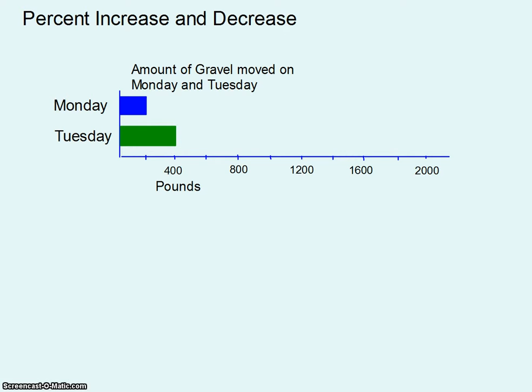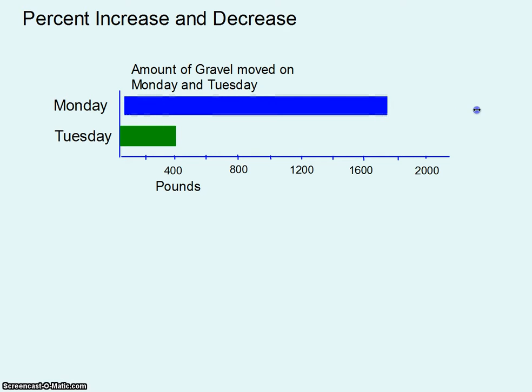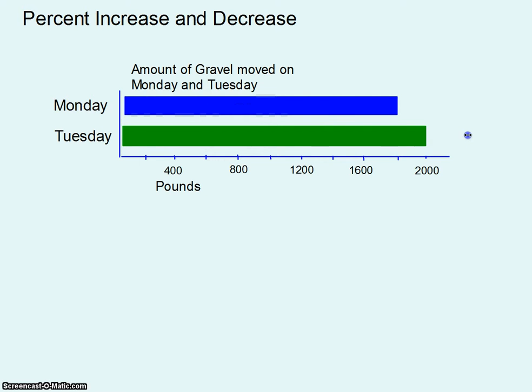If I look back, though, at when this was at 1800 and this one was at 2000, that's certainly not a 100% change. What we'll be looking at is, how does this amount of change right here compare to the original? Well, it was 200 out of 1800. That's not a big change. And what we'll do is say, let's look at that change as a percent.